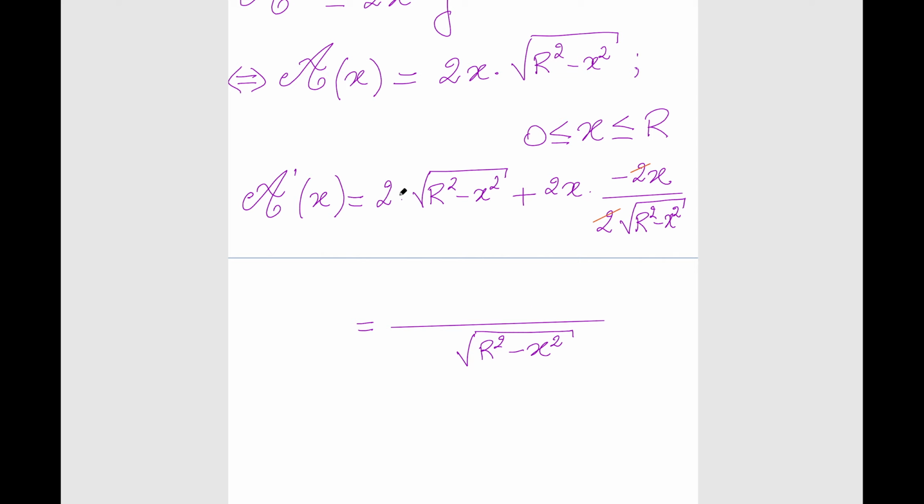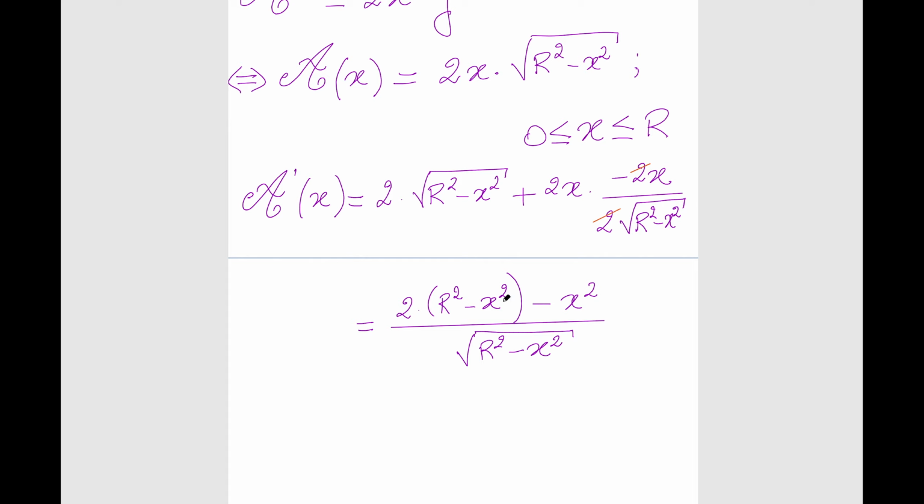To make the denominator here square root of r squared minus x squared, I also multiply the numerator by square root of r squared minus x squared. This times itself becomes r squared minus x squared, so that becomes 2 times r squared minus x squared minus this x squared.